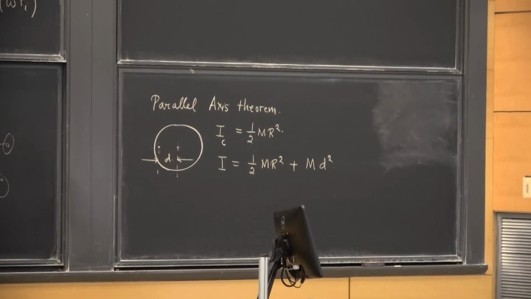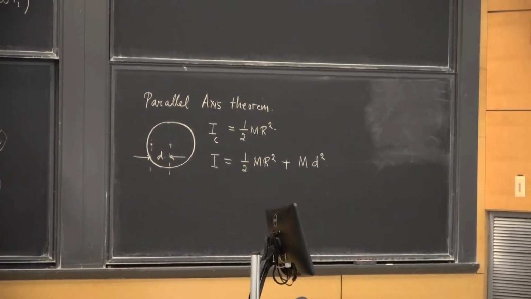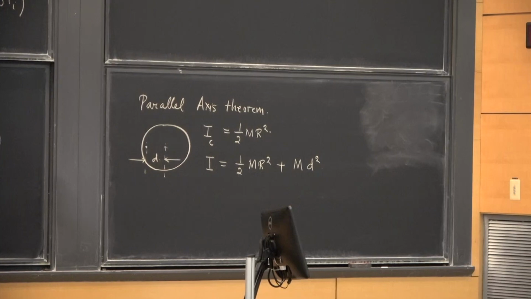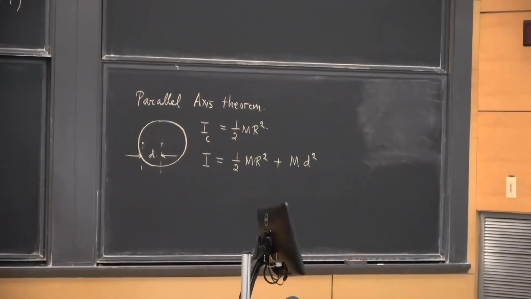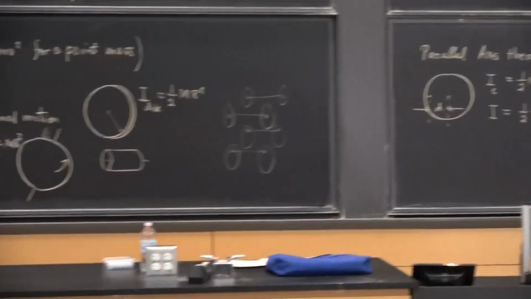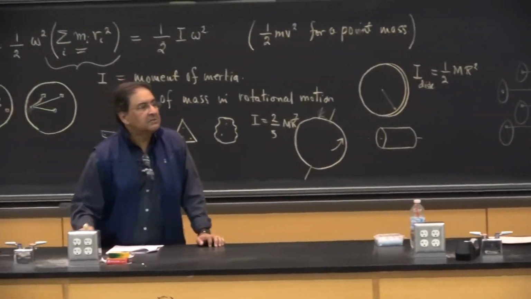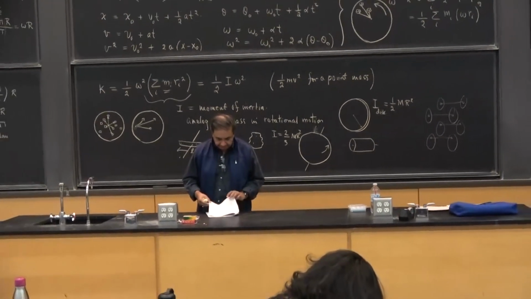So the parallel axis theorem allows you to calculate the moment of inertia about some other point if you know the moment of inertia about the center. The advantage is that it is much easier to calculate moment of inertia about the center. So you always do the calculation about the center, and then use the parallel axis theorem to go to some other point.